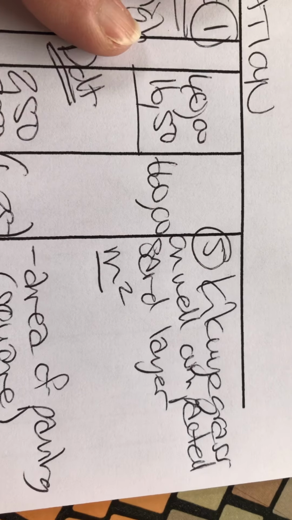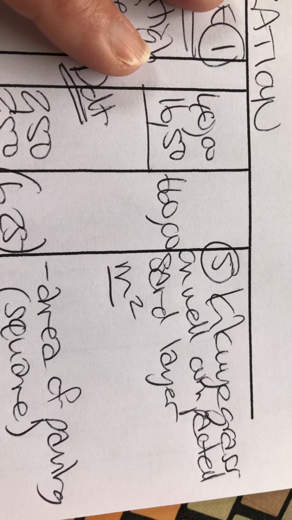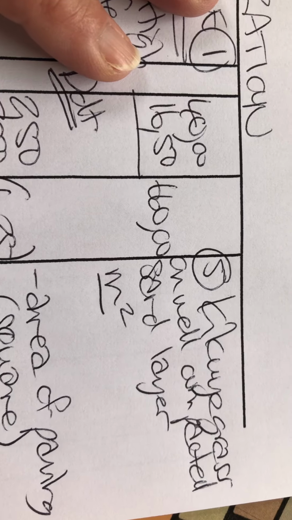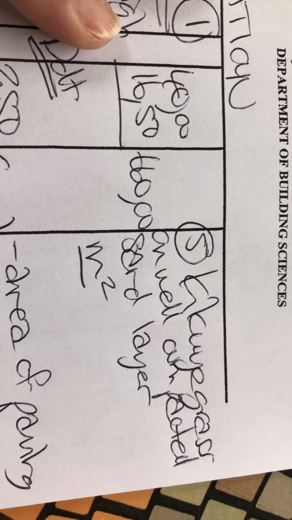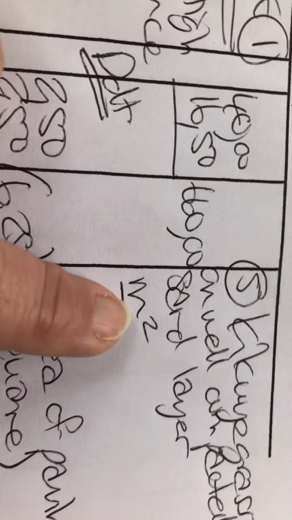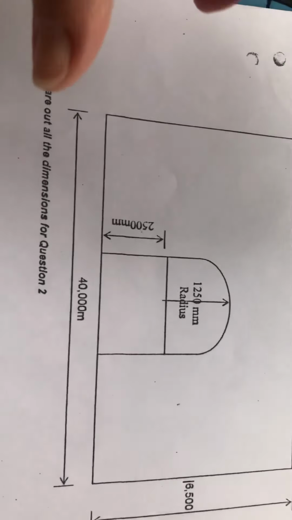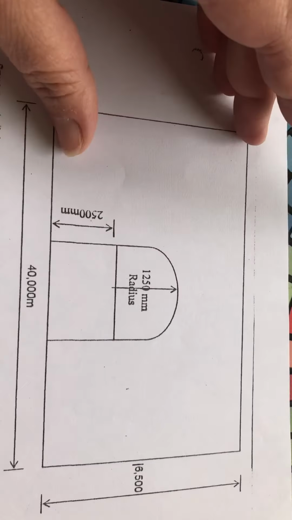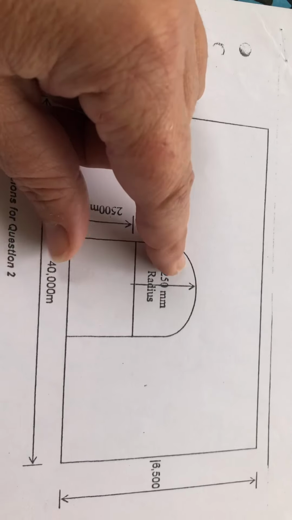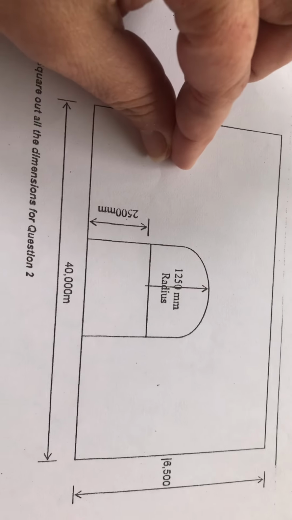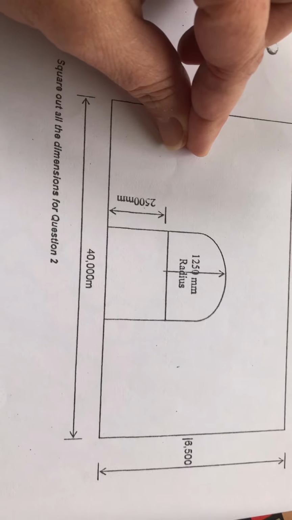Let's first write our word picture. Kukui grass on well compacted sand layer, again square meter. Right, but as we now said, it's the whole area, and then we must subtract these two areas, and then we will get whatever is left as being the grass area.